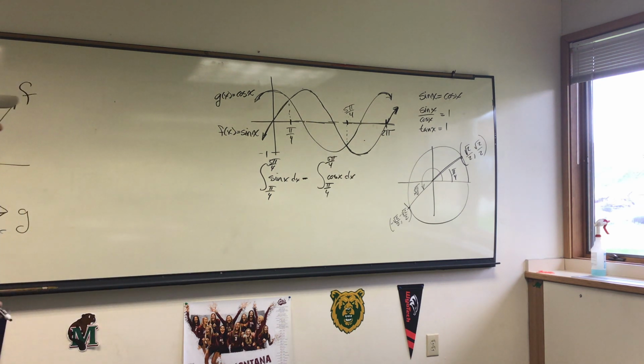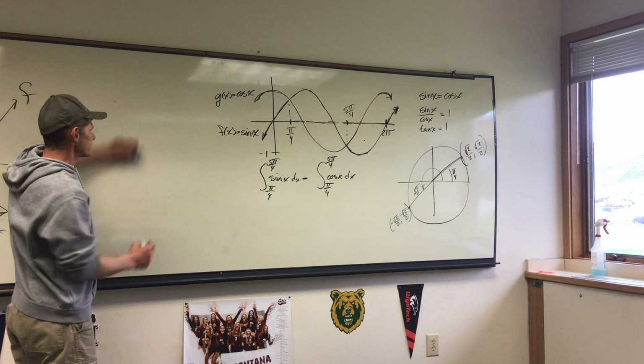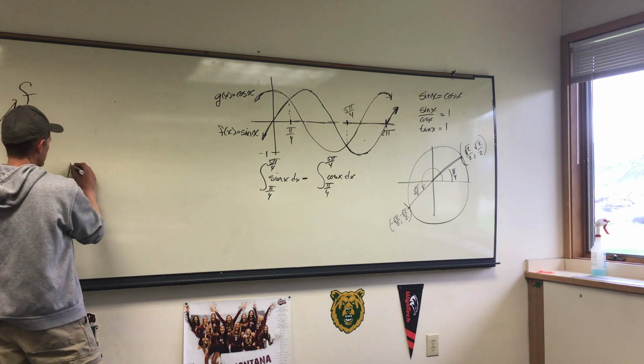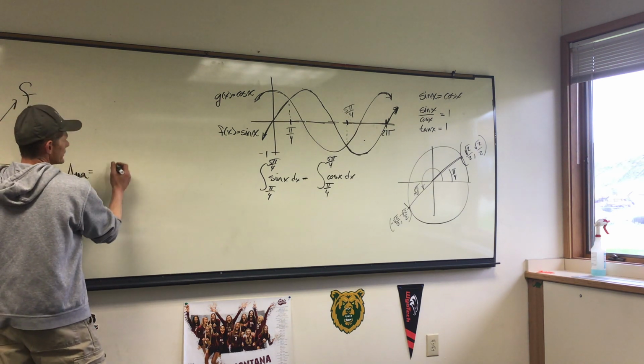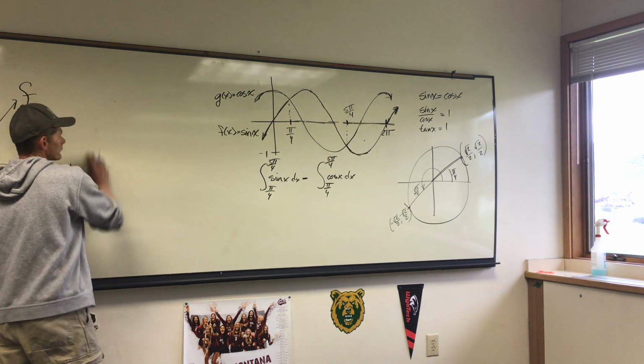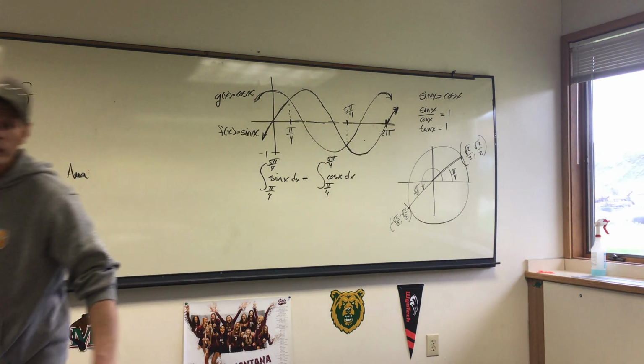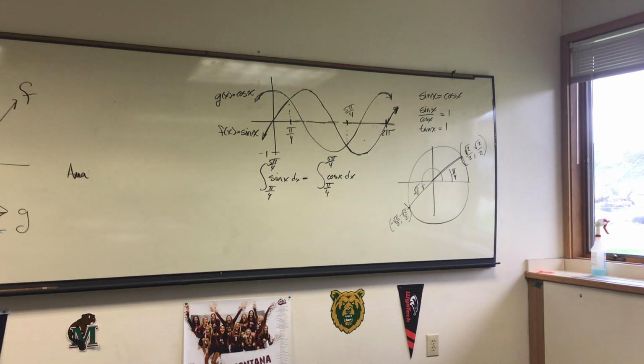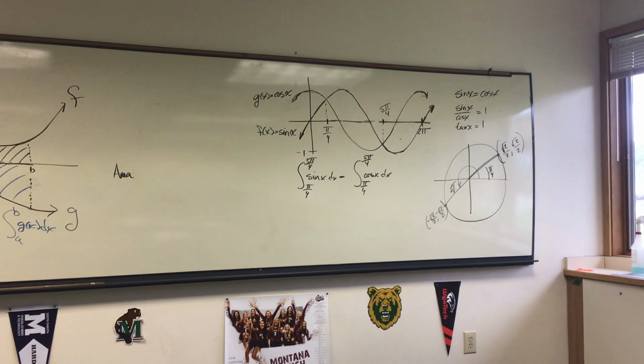Okay, the integral of the sine of x is the opposite of the cosine. So I'm going to come over here and say the area is equal to the integral. Can you see everything I'm doing here? Now you can.